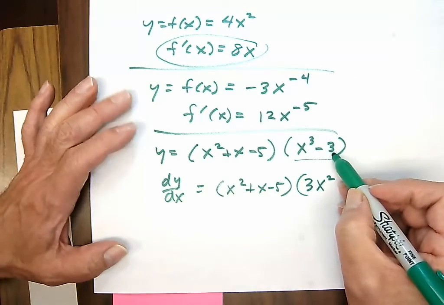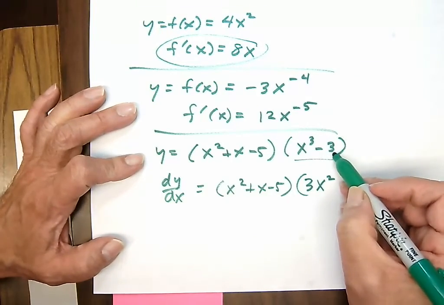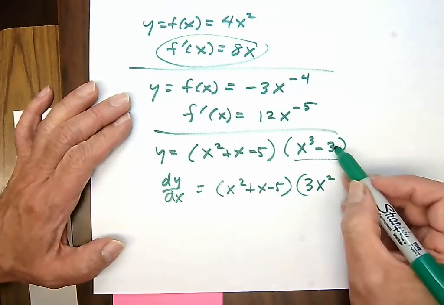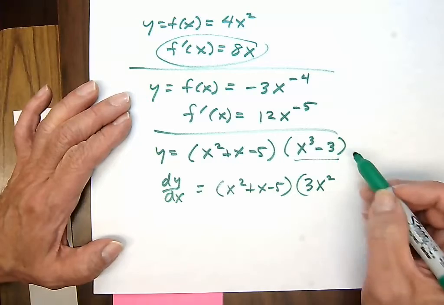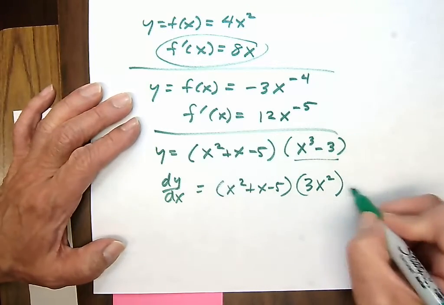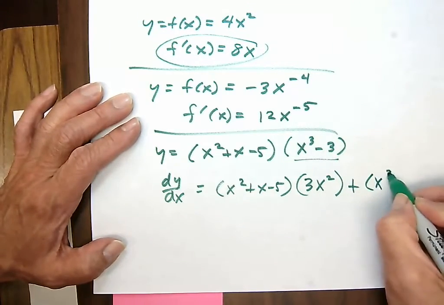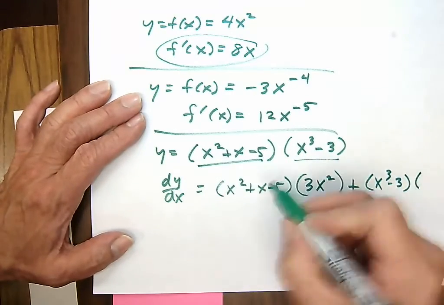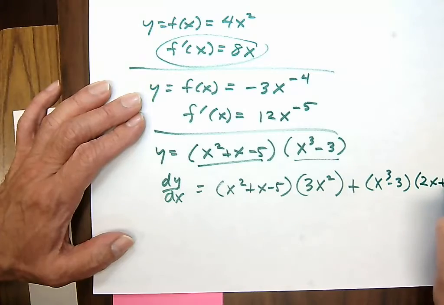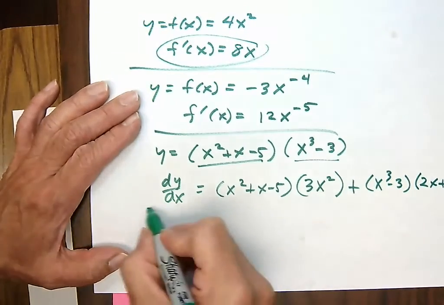Well, that value, 3, is a constant. 3 doesn't change as x changes, so that portion of y doesn't change, and that derivative would be 0. So it's just 3x squared, plus the second times the derivative of the first function with respect to x, which would be 2x plus 1. And that's all there is to it.